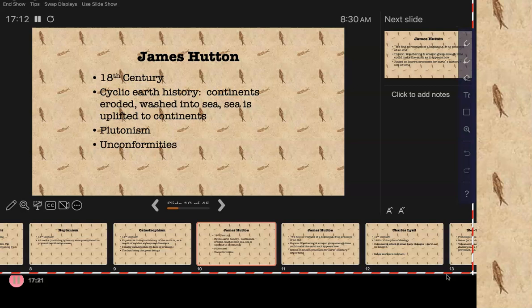Again, he's acknowledging a handful of things, possibly putting them together in not the exact right order. But he's acknowledging weathering and erosion. He's acknowledging that some rocks came from the ocean. He's acknowledging uplift.